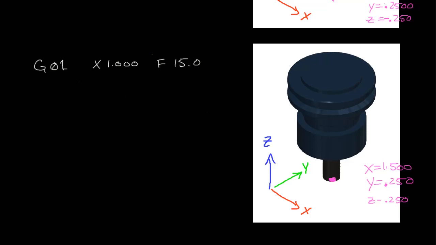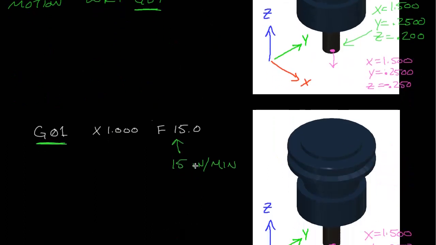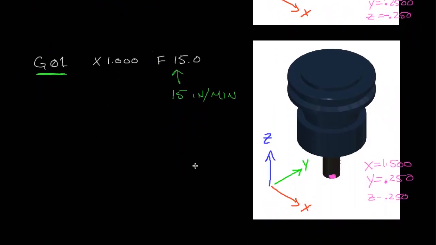And now we're just saying to use the G01 linear interpolation command, and we're saying go to X equals 0.000 at a feed rate of 15 inches per minute. So we're actually telling it to go a little bit faster than the case above, which was just 5 inches per minute. So we're saying go a little bit quicker to the X position.